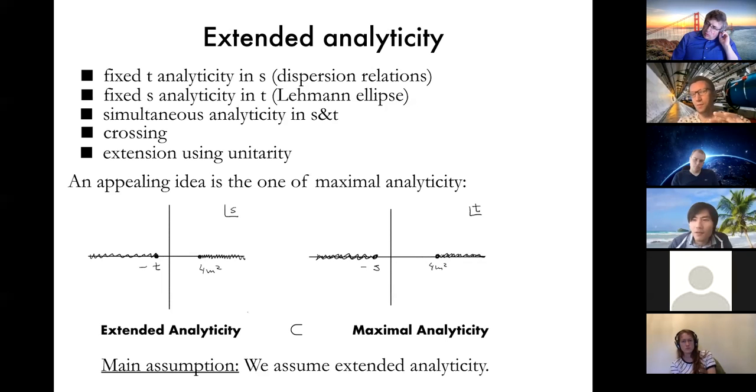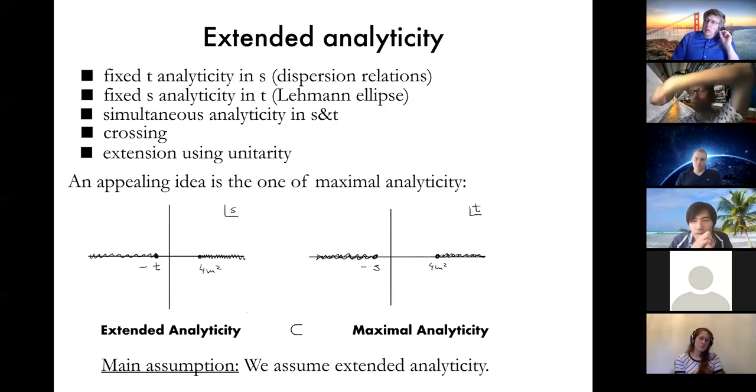The point is that one of them is always less than something, and you violate the structure only when both of them go to infinity. I see. Because you start continuing one of the variables to plus infinity, and there is some crazy cut coming from the second sheet, which emerges on the physical sheet. So there is a difference between sending only one and sending both. I see. Thank you.